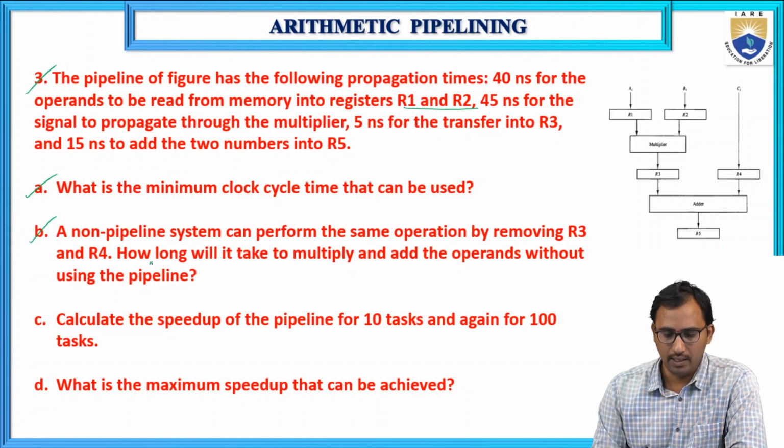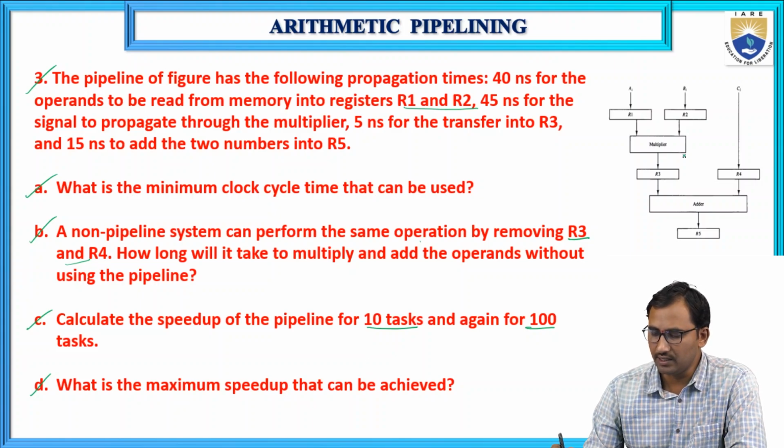Then we need to determine how long a non-pipeline system would take to perform the same operation by removing R3 and R4, that is, how long it will take to multiply and add the operands without using pipelining. Third, calculate the speedup of the pipelining for 10 tasks and again for 100 tasks. And last, determine the maximum speedup that can be achieved.